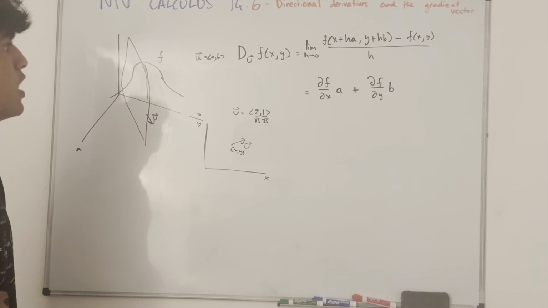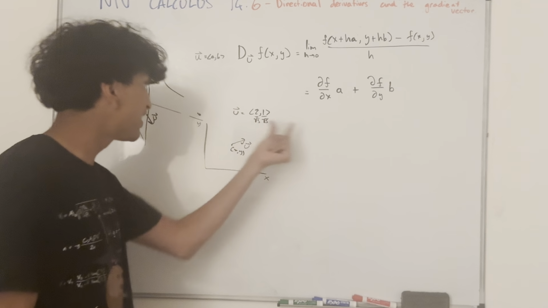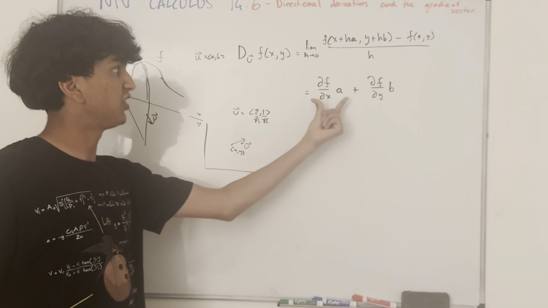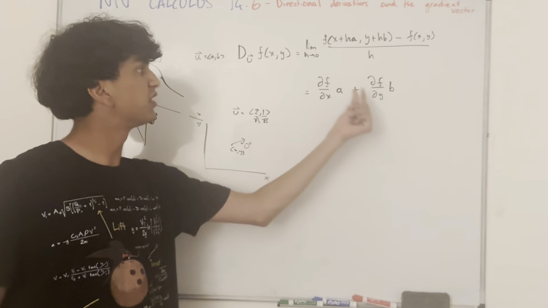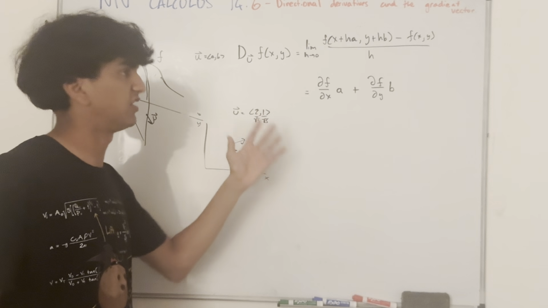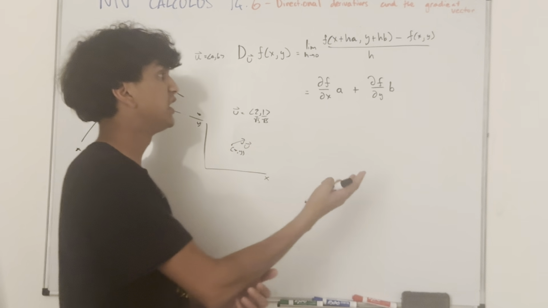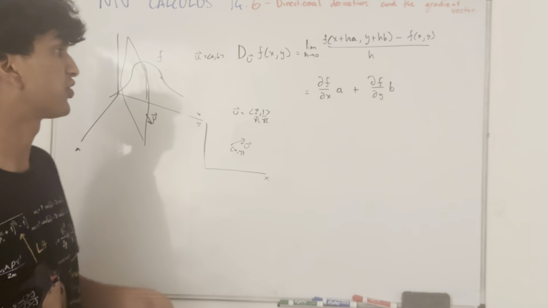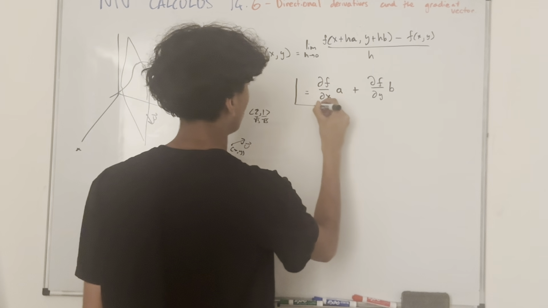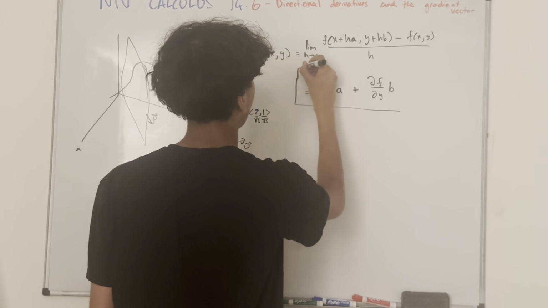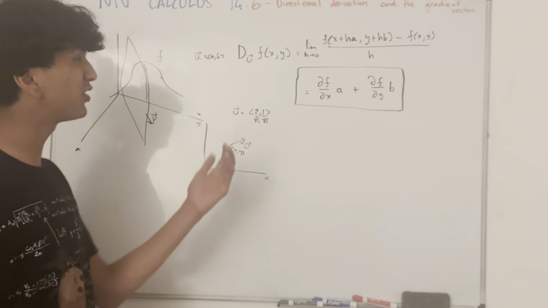The whole idea being that if your a component is larger, your derivative is mostly going to be oriented in the x direction, because you're having more nudges along the x direction, right? You're having more change in x versus b; if your b component is really small, you're going to have less change in y. So this is actually the equation you should know. You can actually prove this using the chain rule. I won't go into that, but hopefully this makes sense.